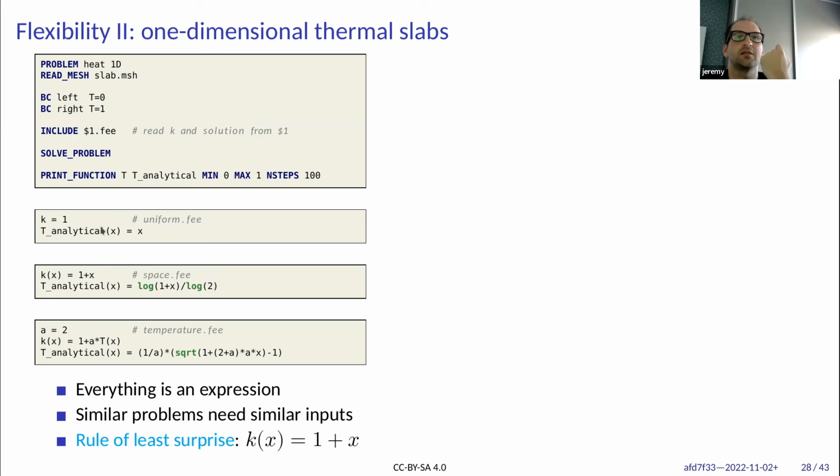The first is the case that we already saw. In the second case, conductivity can be a function of space, 1 plus x, and the solution will be this one, the analytical solution, I mean. And if it depended on temperature, like 1 plus a constant times the temperature, the analytical solution is this. So everything is an expression. If you remember, last week we said that everything is an expression and similar problems need similar input. So these are similar problems, they have similar input.